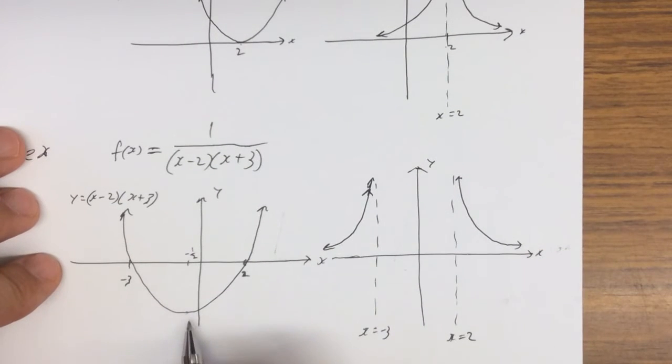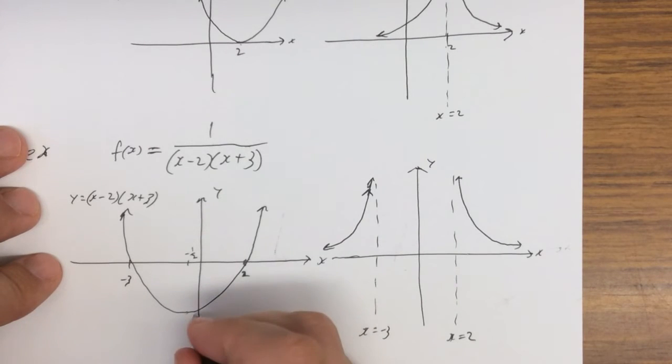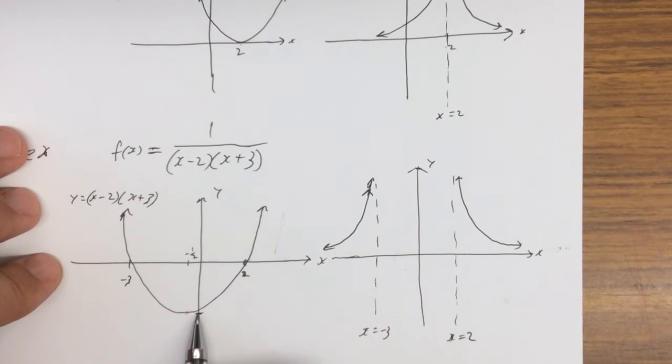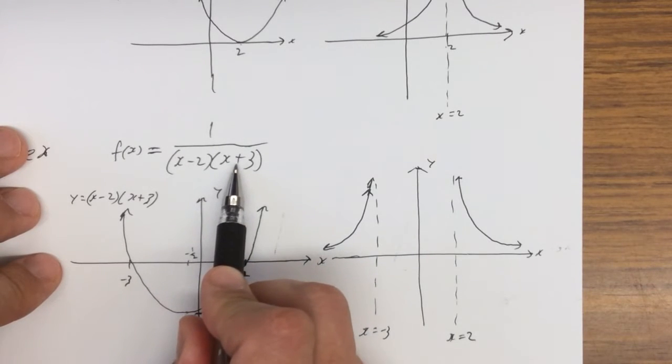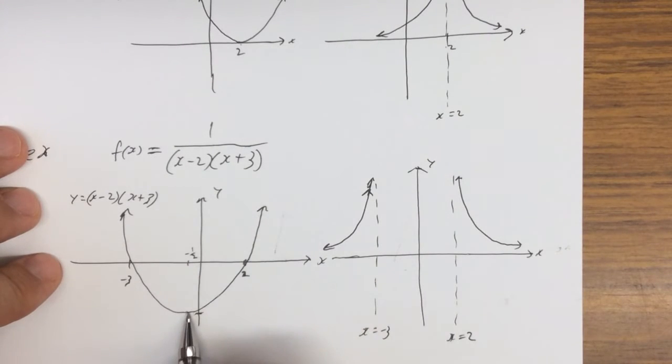Now we've got to look at what's happening here. These y values are all negative. 1 over a negative number is going to be negative. 1 over this y value here, you could find out what that y value is by plugging in negative 1/2 in here. 1 over that value is going to be the smallest.